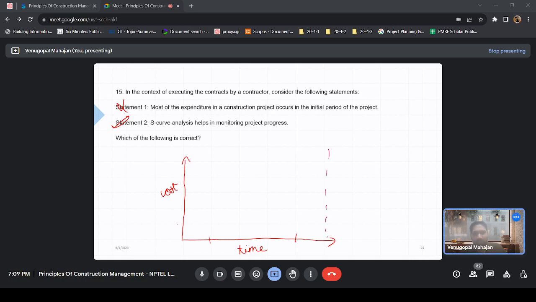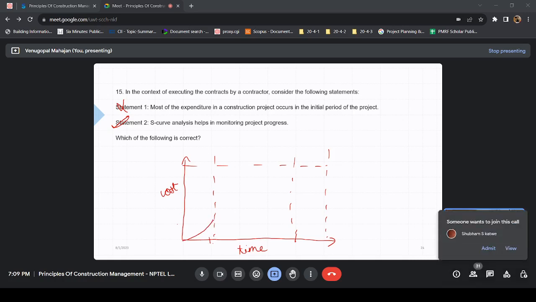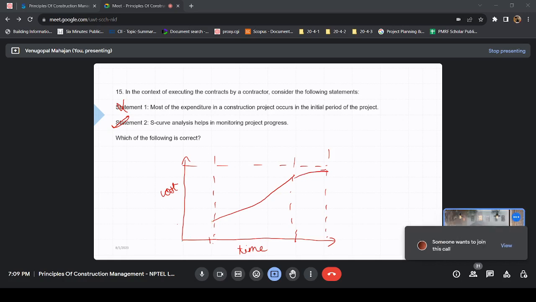Let's say this is the completion, and I am just talking about 3 stages. Initially you will find that the cost is quite on the low side, and then you have a steep increase and then some decrease. This is the kind of curve you plot.